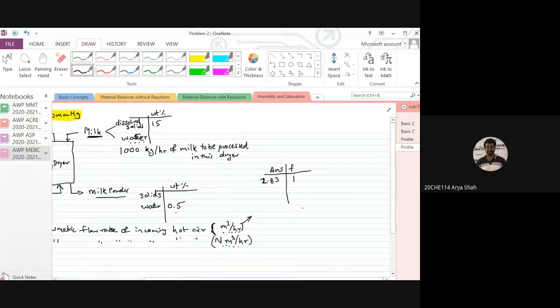So for incoming hot air, meter cube per hour, I'm getting 29.65 meter cube per hour, and for normal, it would be 22.33 meter cube per hour.